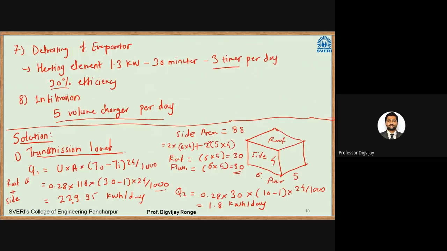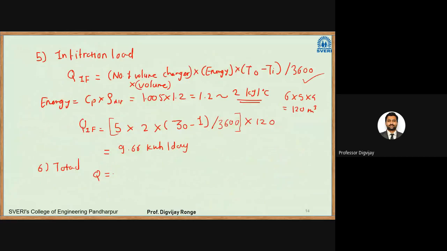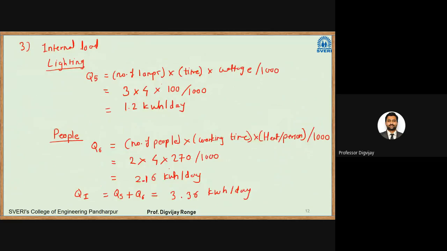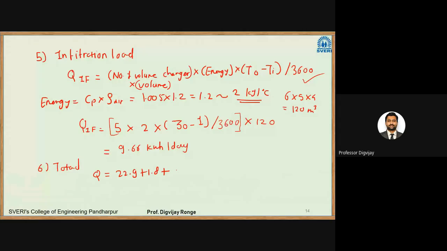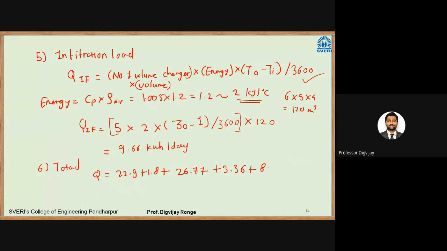So here in this case, it will be 22.9 plus 1.8 plus 26.77 plus 3.36 plus 8.94 plus 9.66. So do this sum and tell me the answer for Q.